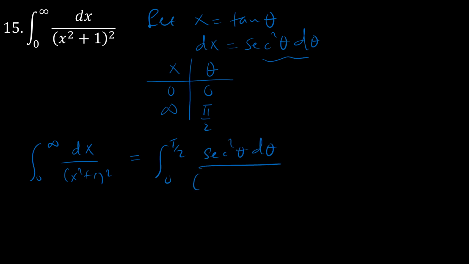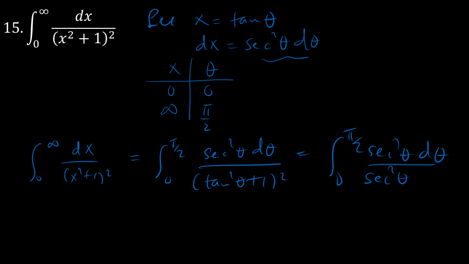Where we have x, we have tan square theta plus 1 squared, which is 0 to pi over 2 of sec square theta d theta over... Tan square theta plus 1 is the same as sec square theta. Then since there are 2, well, we have and that cancels. So we have the integral from 0 to pi over 2 of 1 over sec to the power 6 theta d theta, and this is the same as cosine theta.